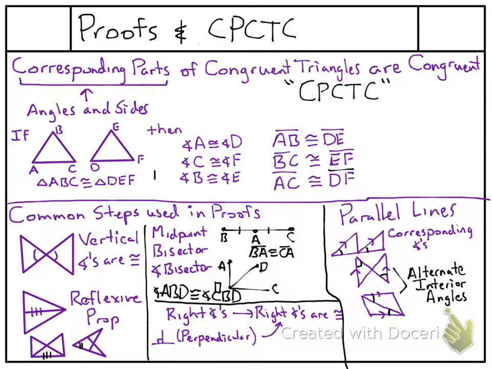It would also work on the other 2 angles if we went to this corner. We could say that these 2 are also congruent by alternate interior. Alternate interior also applies when we may have a quadrilateral with one diagonal, and the Z that is formed by the parallel lines and the transversal guides where the angles show up. So those are really the 2 types of diagrams where alternate interior shows up.